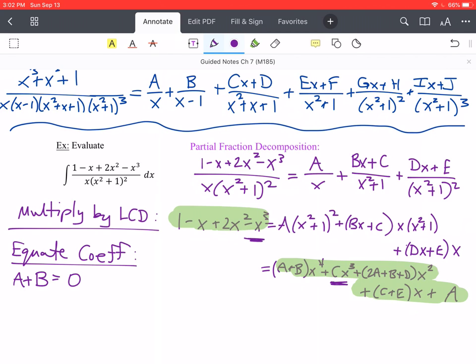Cx cubed, that's negative 1 x cubed, so we get c is negative 1. Then for the x squared term, we get 2a plus b plus d is 2.